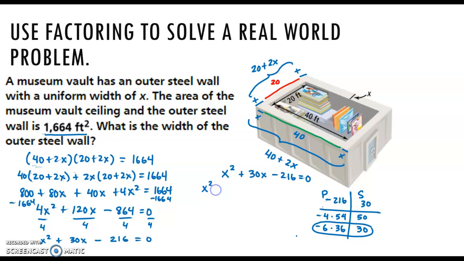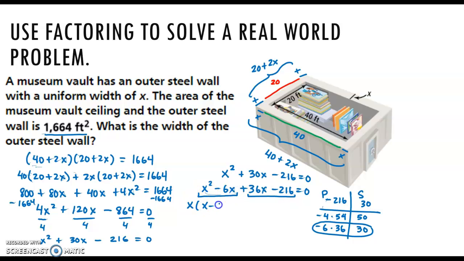So then you have x squared minus 6x plus 36x minus 216 equals 0. You can go to a box at this point, or remember you can factor, you can do undoing distributive for each of these two parts. These both have an x in them, so I can take an x out.